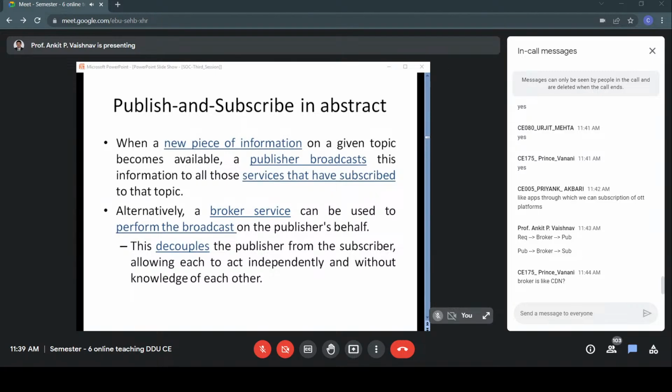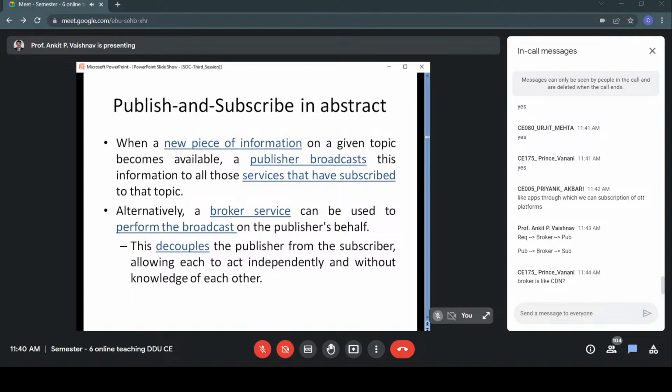So by doing this, what are we able to achieve? Yes, you can say it is like a CDN in one sense. So what is the benefit of having an additional service in between? There is a negative side as well, as I said earlier. We are involving one extra service, one extra pair of messages being exchanged. Yes, I agree to that. But in a high volume environment, what is going to be the benefit?